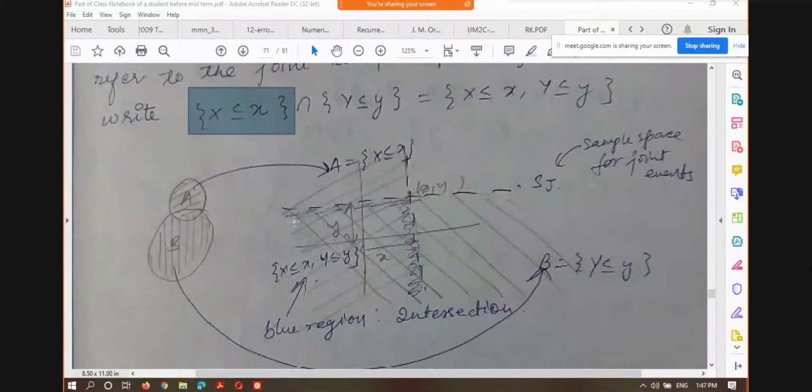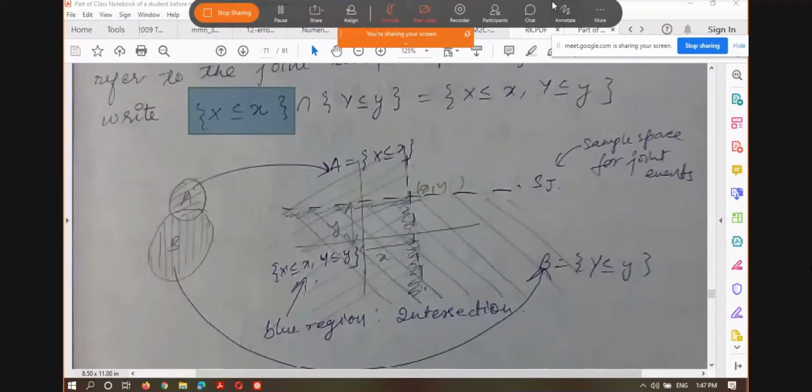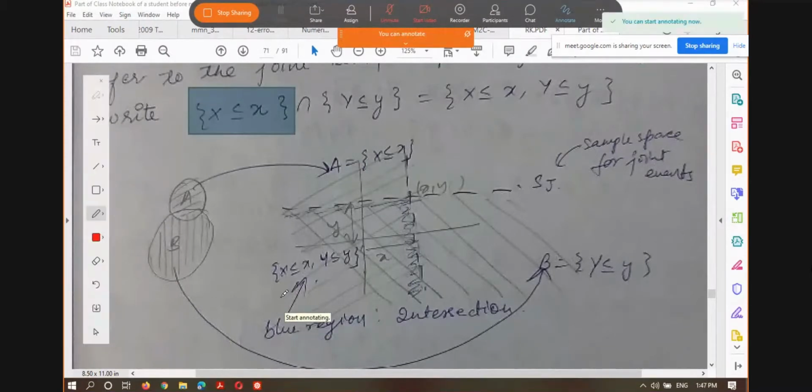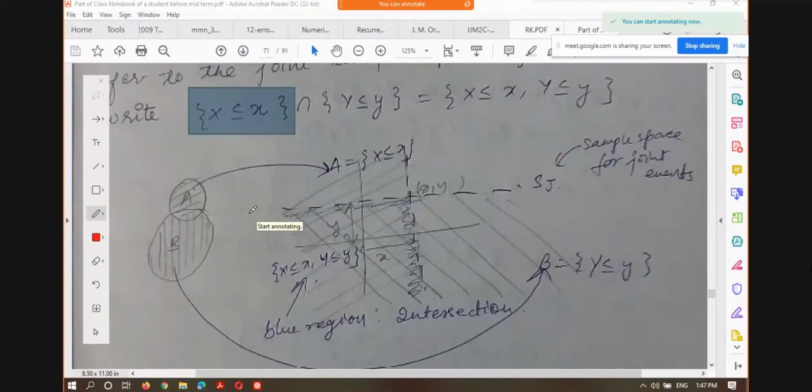So this is the event. This event is of interest to us, and it is denoted by X ≤ x, comma Y ≤ y. So this is the notation to define the event for more than one random variable.